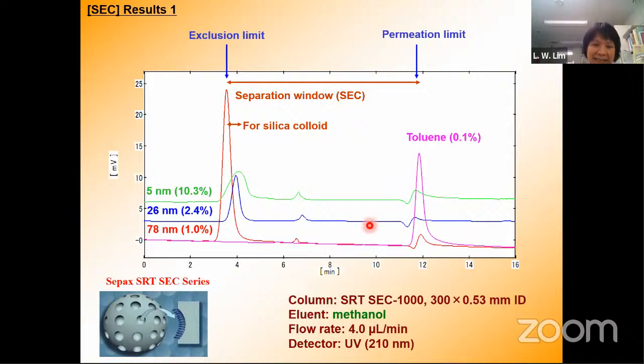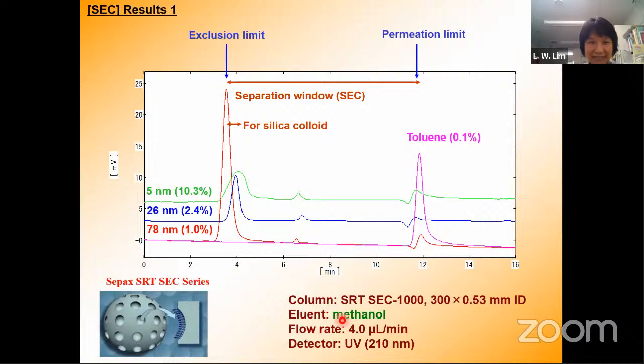But anyway, it was difficult to separate the 5, 26, and 78. As you can see here, when I used methanol as the eluent, because I wanted a lower viscosity than water for the separation, but for those who know, it's overlapping actually, so the separation was not good.